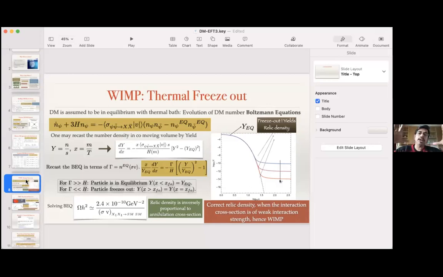But when you are expanding the box, they are actually moving away from each other. Now that decreases the possibility of this conversion in one direction and the conversion in the other. So therefore there will be one point of time that it cannot be kept in equilibrium, and the number density with respect to the co-moving volume will become constant. I completely agree with that.